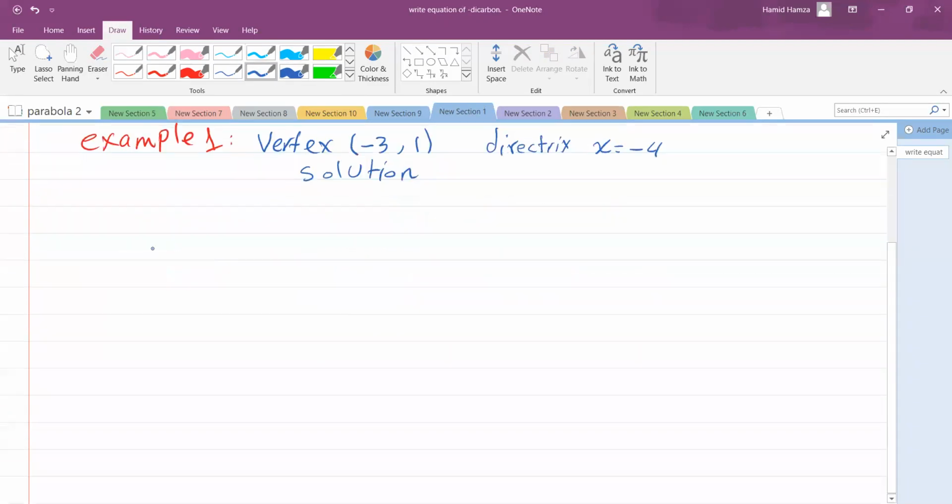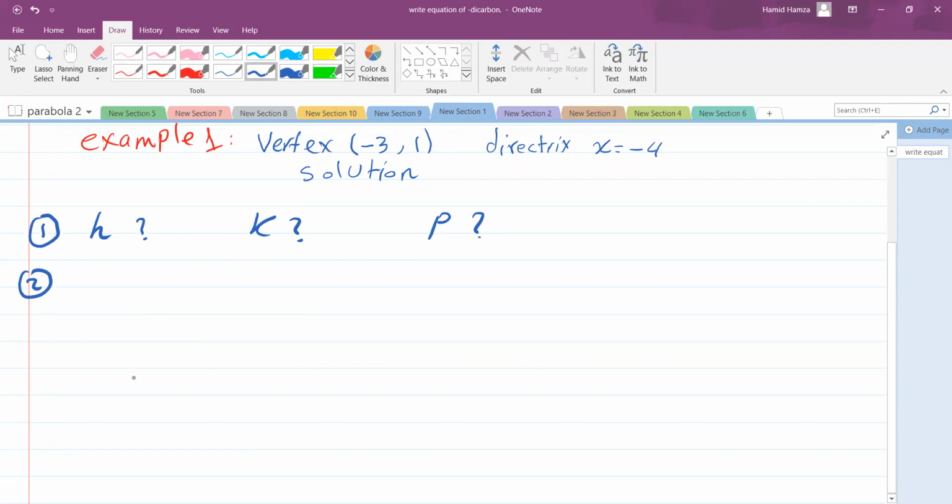To write the equation, number one, you must find the values of h and k and b. These are the characteristics which I'm looking for. So how can I find them? Second step, you must always start with the vertex, either it's given or not given.